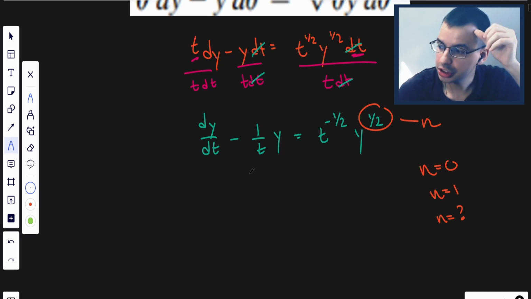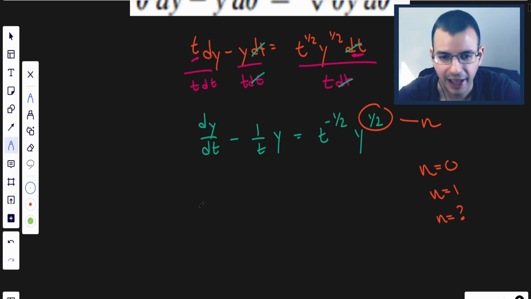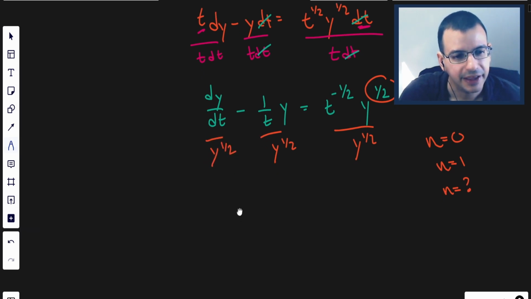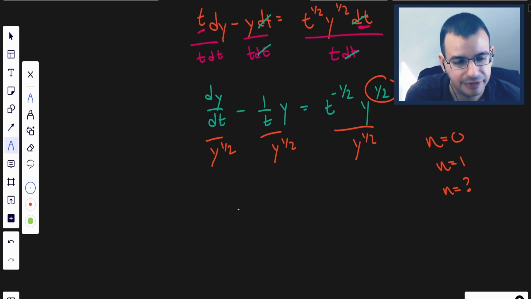So the way we approach this one is, first thing we do is we divide everything by y to the 1/2. And so now I'm going to say multiply by y to the negative 1/2, same idea.